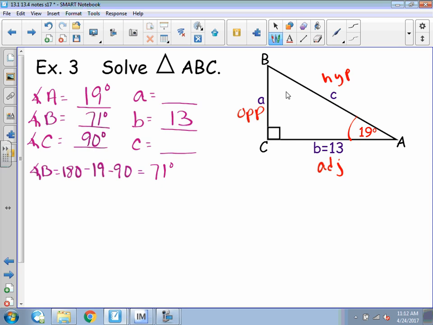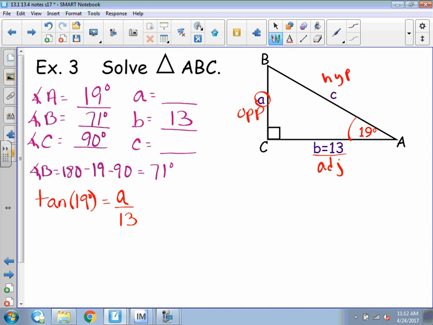Opposite over adjacent. Opposite is what we're trying to find. Adjacent is what they gave us. So that's tangent. So we say tangent 19 degrees equals opposite over adjacent. So A over what? 13.